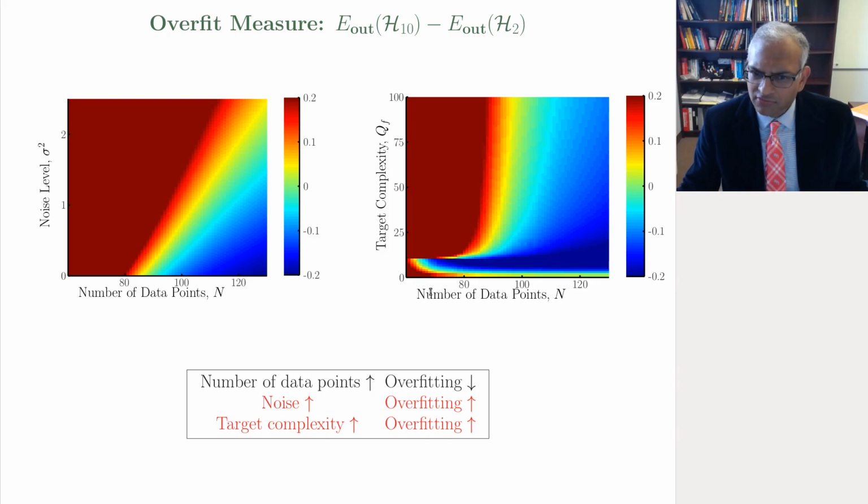If you have more and more data points, you get into this blue region, and you can afford to pick the 10th order polynomial fit, for various degrees of complexity for the target function. But as you have fewer and fewer data points, and in this case we've kept the noise level fixed, get ready to switch to the simpler second order polynomial.